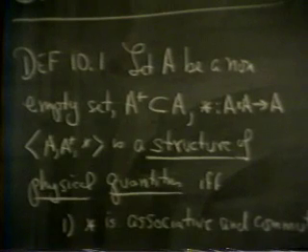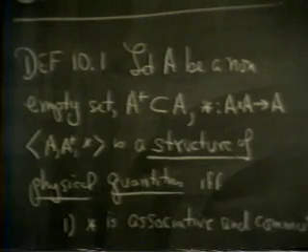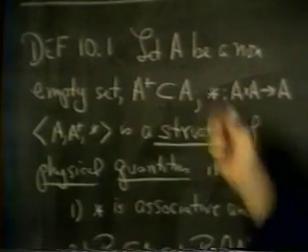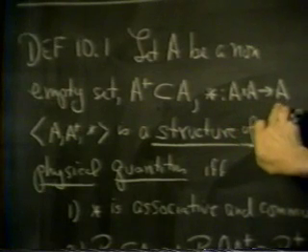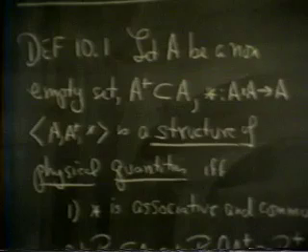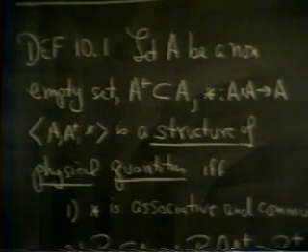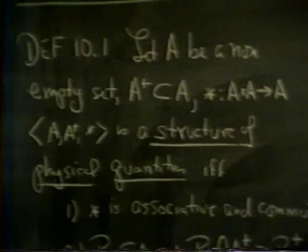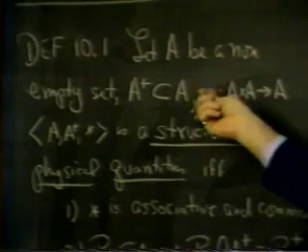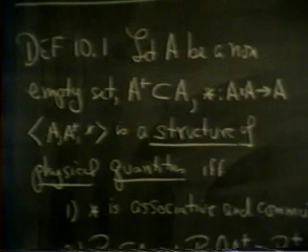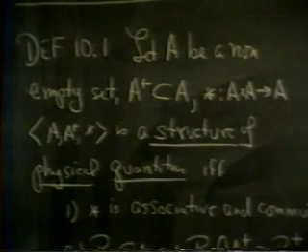Intuitively, A plus is the positive parts of all the dimensions involved. And star is a function that maps A cross A into A, and is a composition among dimensions. The idea is that you have two physical quantities that have dimensions, and you can combine them in some fashion under star, the combining operation, and create a new dimension.